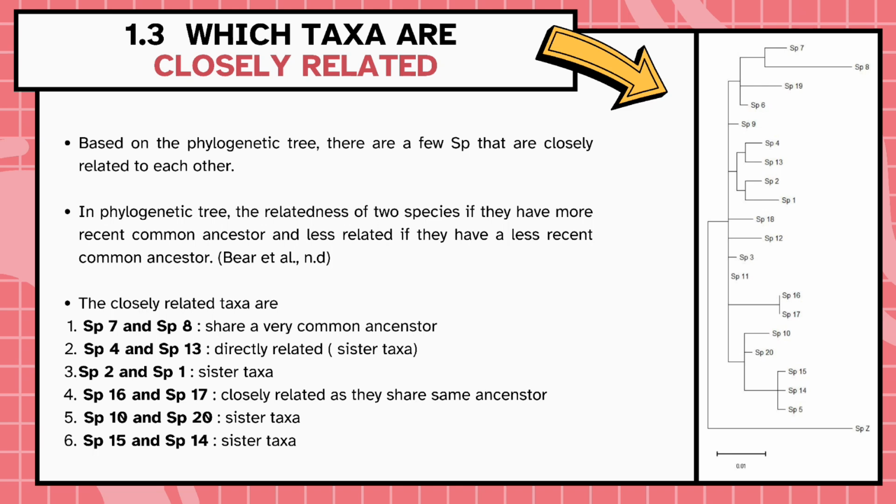The closely related taxa are species 7 and species 8, which share a very recent common ancestor, species 4 and species 13, which are directly related, species 2 and species 1, which are sister taxa, species 16 and species 17, which are closely related as they share the same ancestor, species 10 and species 20, which are sister taxa, and last but not least, species 15 and species 14, which are sister taxa.